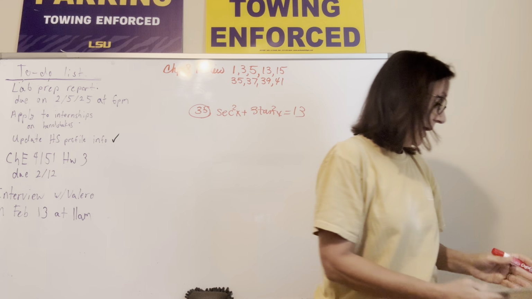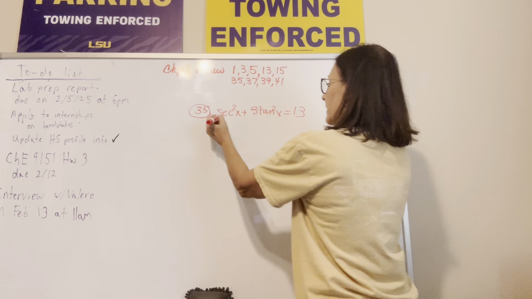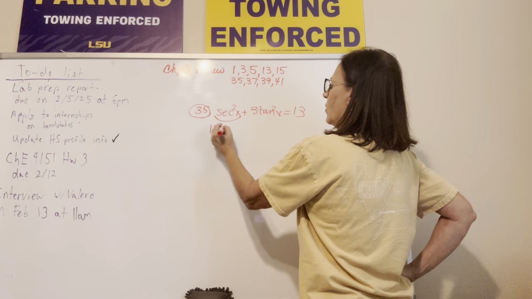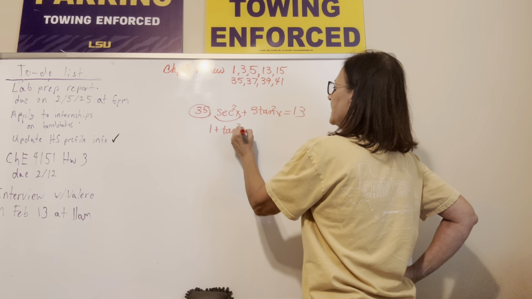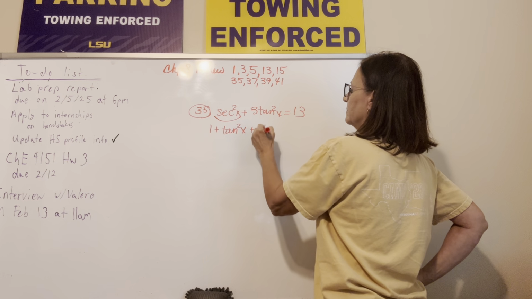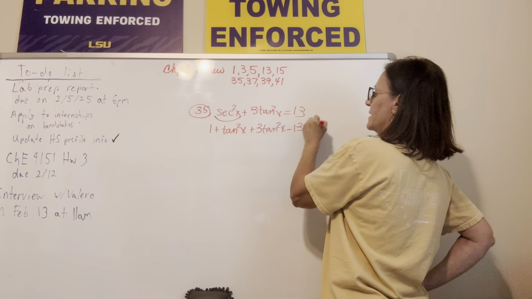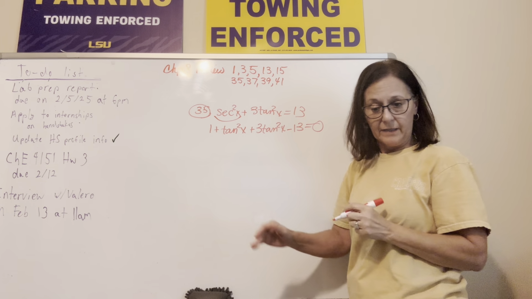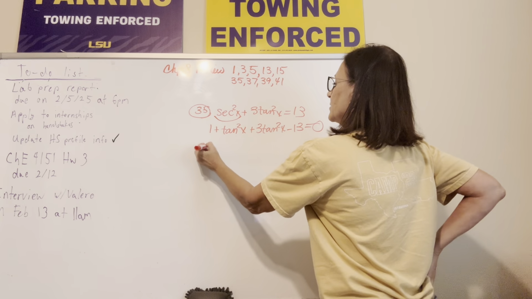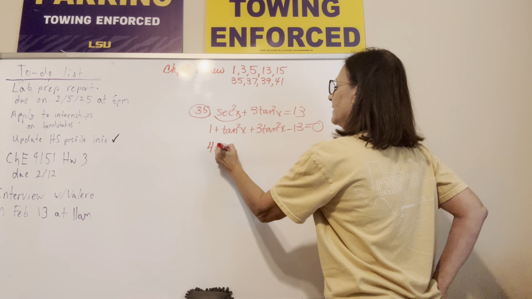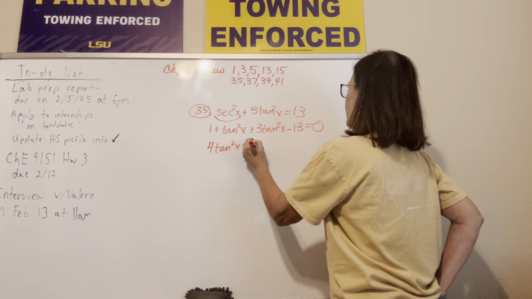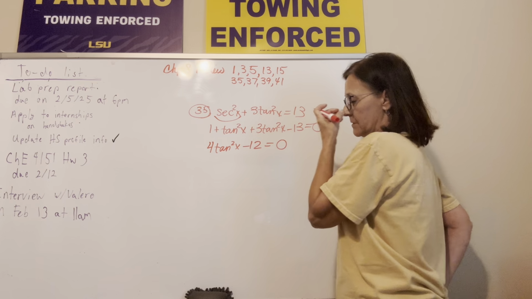I'm going to use an identity. The secant squared is 1 plus tan squared x. I'm going to subtract 13 and set it equal to 0. I'll combine my like terms, so we have 4 tan squared x minus 12 equals 0.